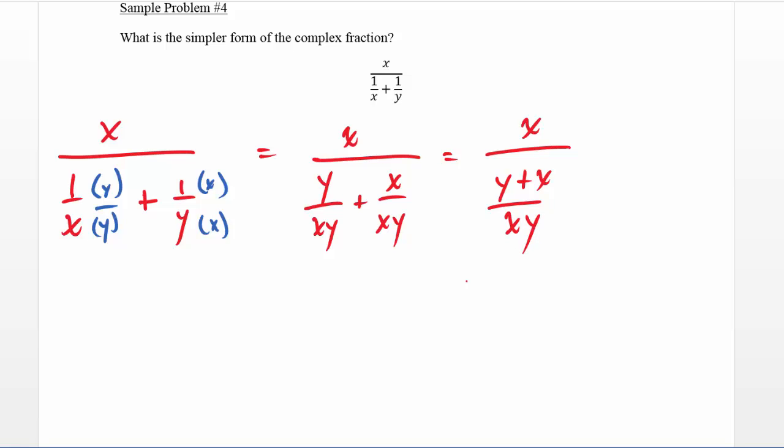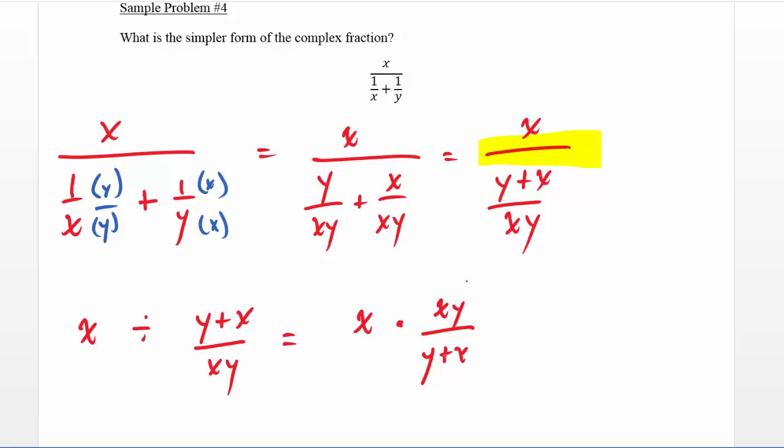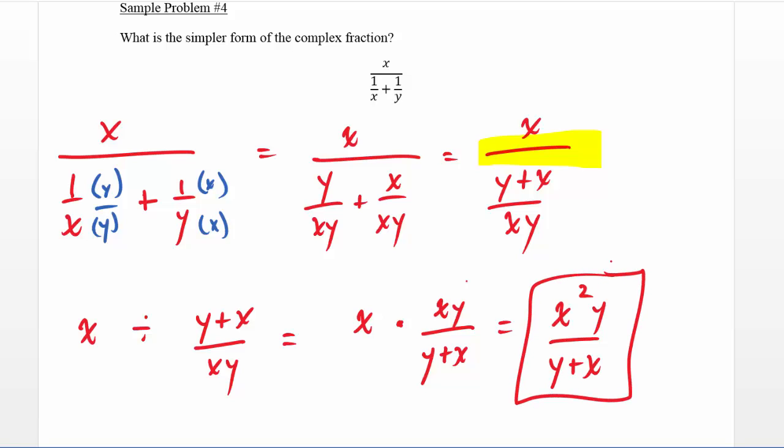Now, technically what we've got here is a division problem with that bar, so if I could just say x divided by y plus x over xy, and that would simply become a multiplication problem, and I'll flip the second part and finish this problem. And that would be our reduced complex fraction.